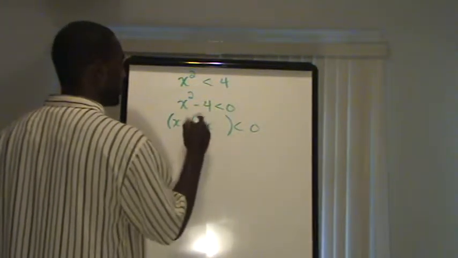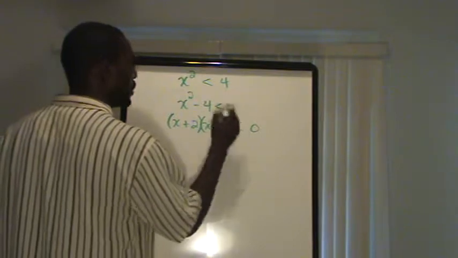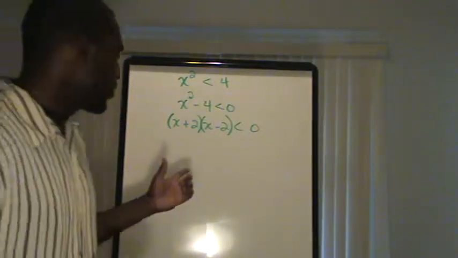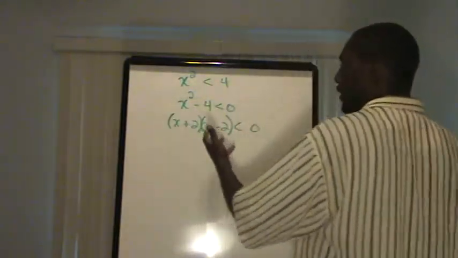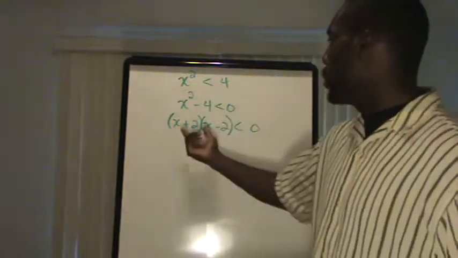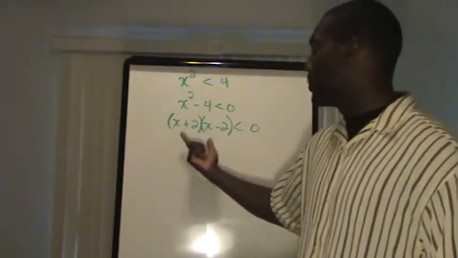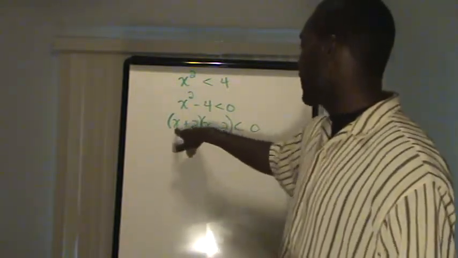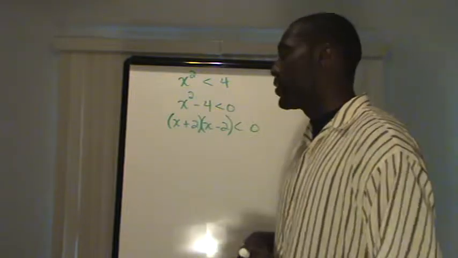X plus or minus 2 and 2. And so now we've factored all that we can factor, and so now what we want to do is choose our test points, which is found by taking both of our factors, x plus 2 and x minus 2, setting them both equal to 0 and solving.